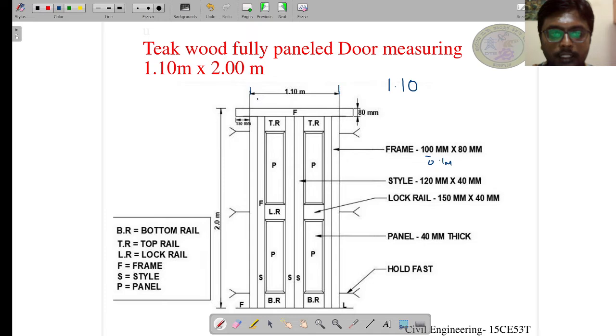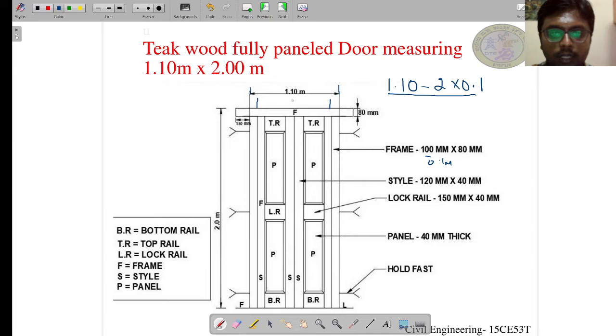In order to get the length of the rail, we have to deduct the width of the vertical post. We have two sides, so I am going to deduct 2 into 0.1. After deducting the two sides of the vertical post, I have got this value.